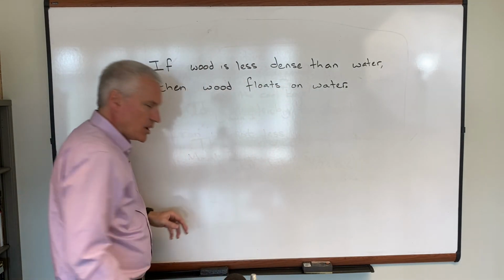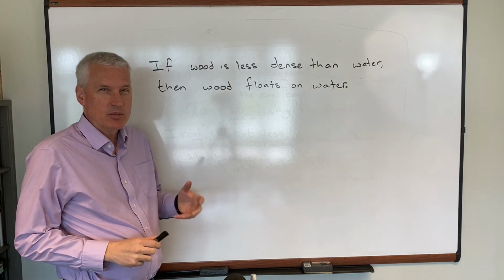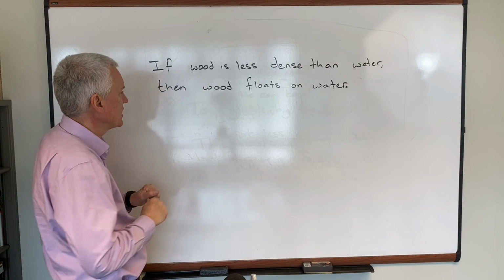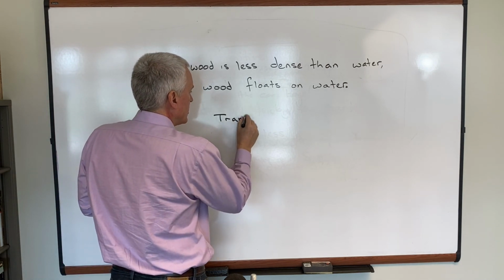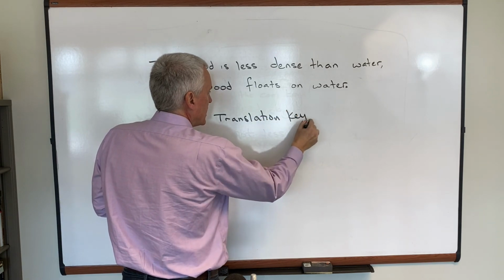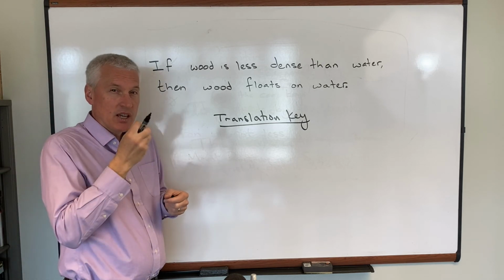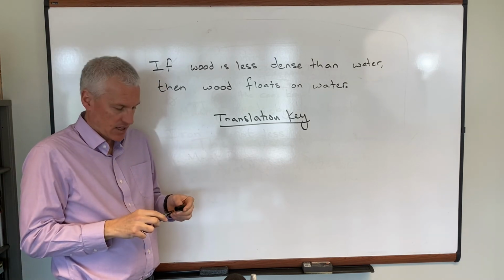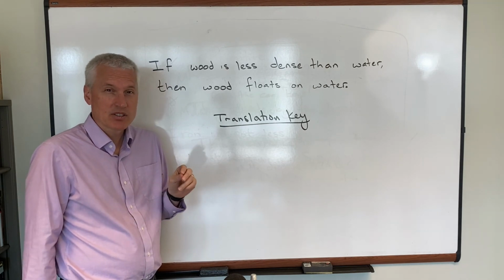Well, in our propositional logic, we said the smallest element of our logical language are going to be atomic sentences. So you can imagine me making a translation key for this, right? And ideally, it would be great if we have in our translation key the elements of our propositional logic that are atomic sentences.